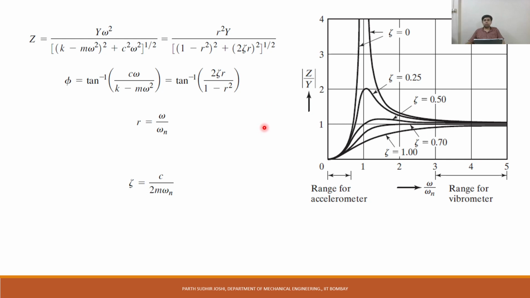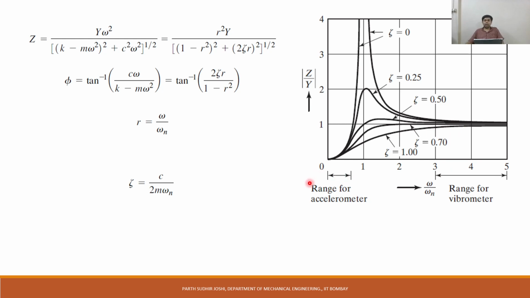So when the frequency of vibration divided by the natural frequency is very high, we can expect the quantity x to be nearly 0, or z is very close to y. So z by y becomes nearly equal to 1 for this range of frequency ratios.